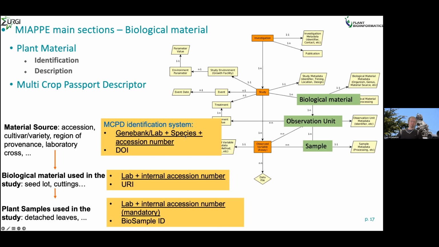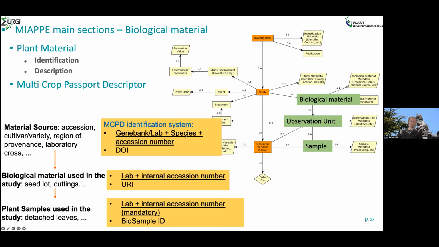And finally, the accession number. Also note that the MCPD provides the possibility to put together this triplet in a single DOI, which is super comfortable, but it is absolutely not a system that is widely and uniformly adopted.